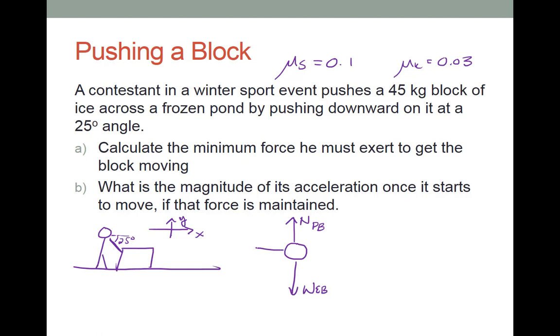We have friction that is going to point this way because the person's trying to get it to move in the other direction. And then we have the normal from the contestant on the block. And again, that one's at a 25-degree angle.